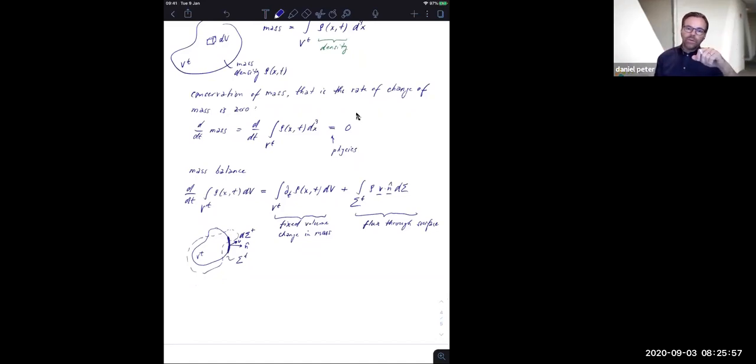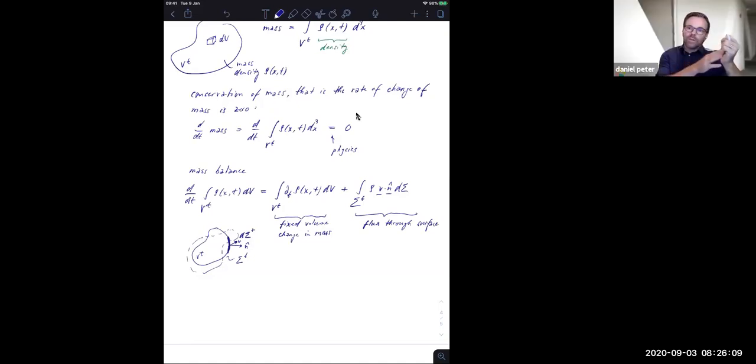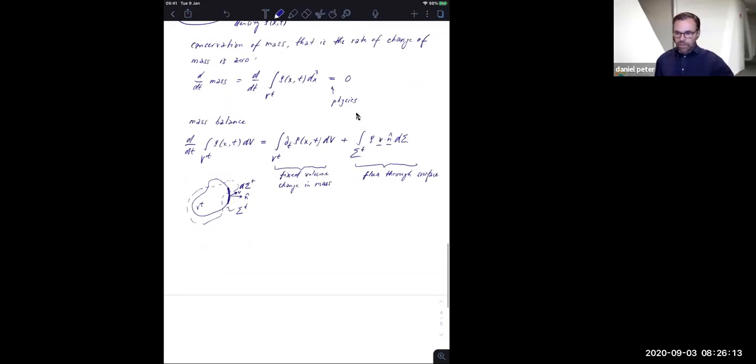And in order to move from an integral over the surface to an integral over a volume, we can use the so-called Gauss theorem or divergence theorem. So let's make this a little excursion.